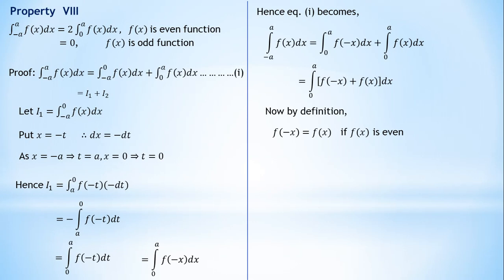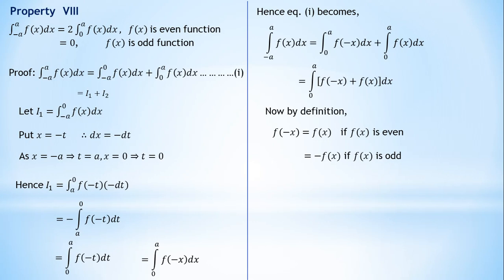See the definition of even and odd function. If the function is even, then f of minus x remains as f of x. And if it is odd, then f of minus x becomes minus of f of x. So this is the definition of even and odd function.